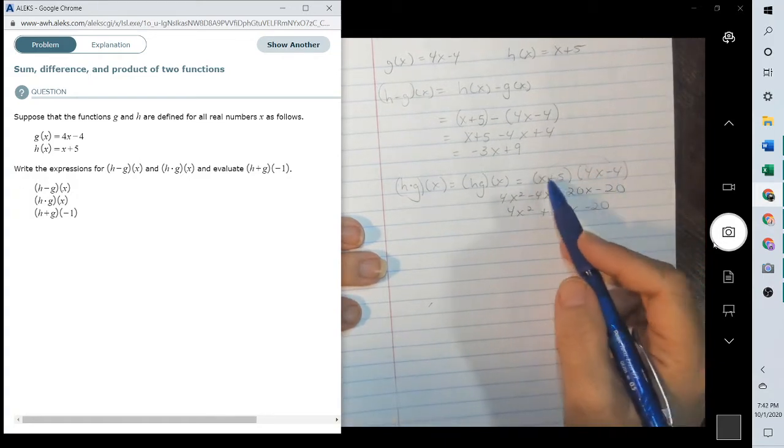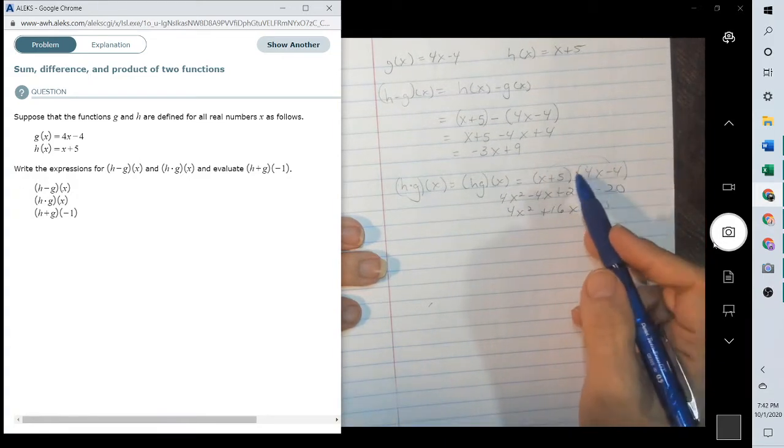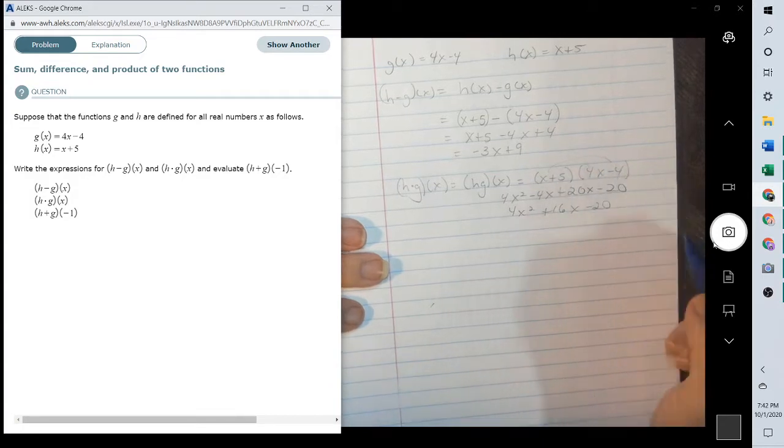So we have 4x squared plus 16x minus 20. I just want to double check.